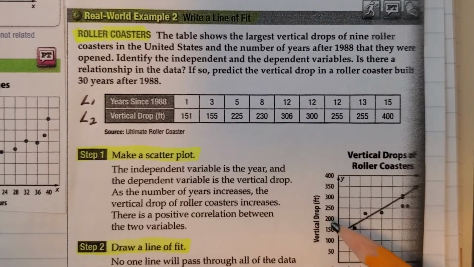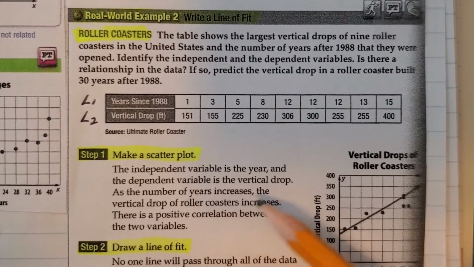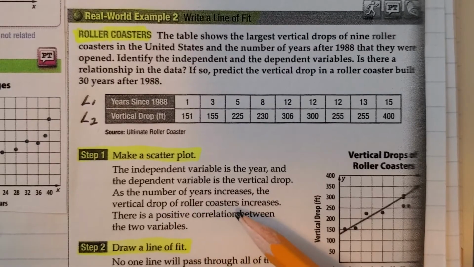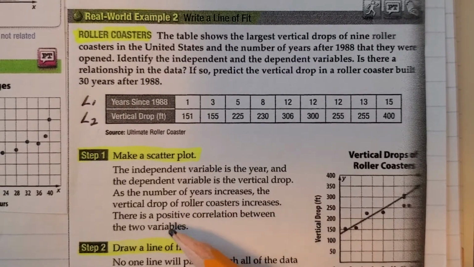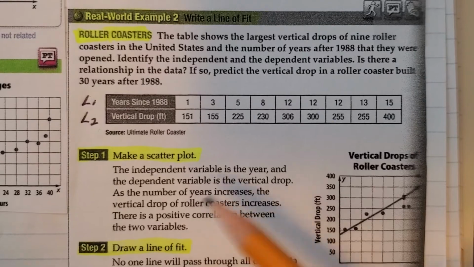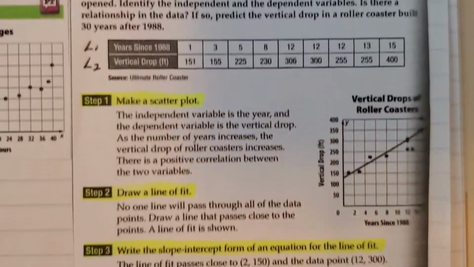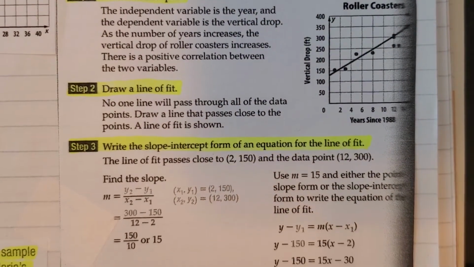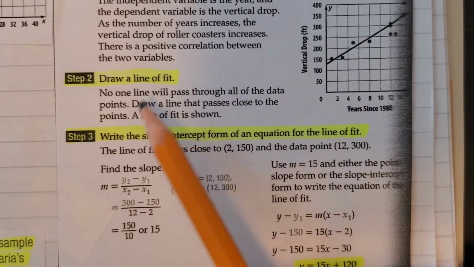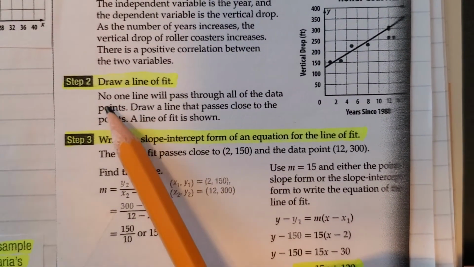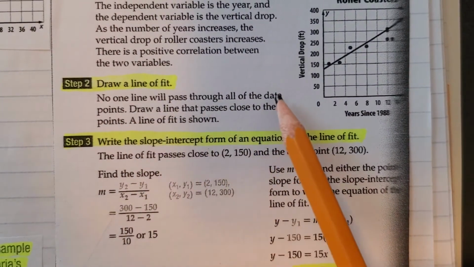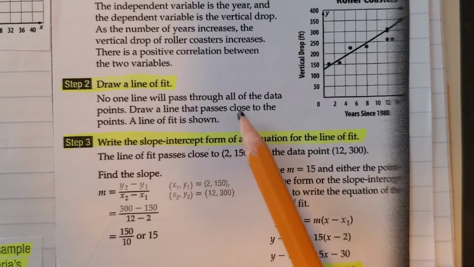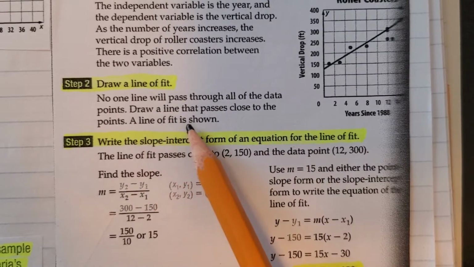So x and y. As the number of years increases, the vertical drop of roller coasters also increases. There is a positive correlation between the two variables, which everybody loves, a lot faster drop. Now you draw a line of best fit. No one line will pass through all the data points. Draw a line that passes close to the points.